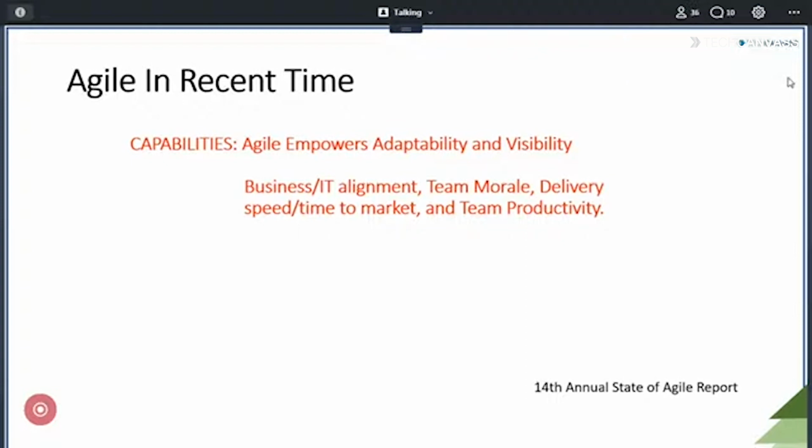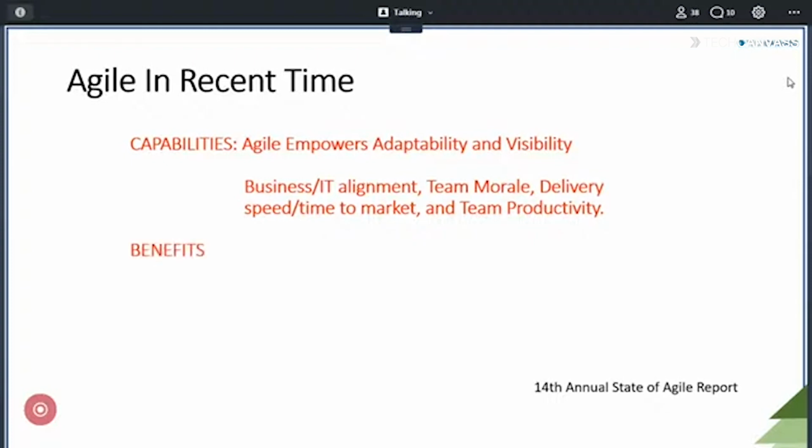IT gurus are predicting that the future is even more Agile due to the reported success mentioned by most of the respondent organizations. One can see a rise in the number of organizations adopting Agile. The success measured is focused mainly in terms of customer satisfaction and business value. So now you know why the future is Agile.